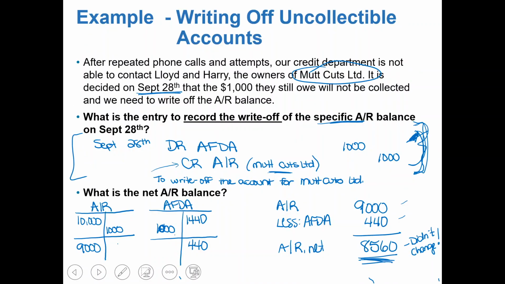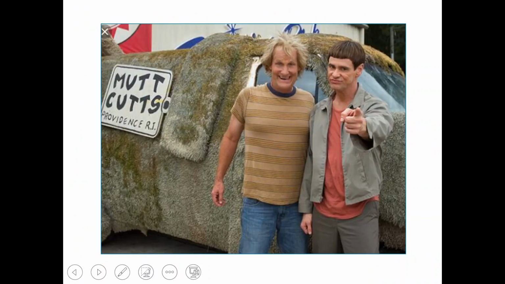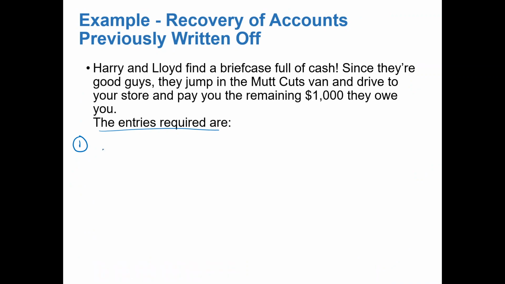So if we click back here, this was the journal entry that we recorded on September 28th to write that account off. So we debited the AFTA, credited AR. Now we're just going to do the reverse. So we'll debit AR and credit AFTA. So we're putting this amount back into accounts receivable, and it would go back into the Mutt Cuts account.